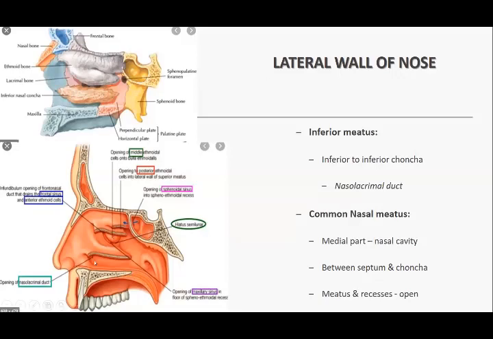किधर जाकर जी, ठीक है जी। So now this part, this is the area where all three meatuses या recesses जो हैं they open.